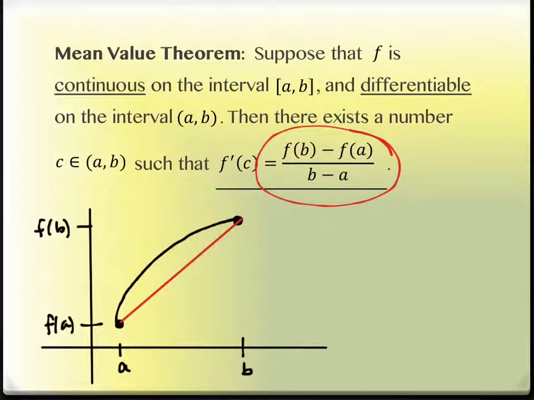Okay, so the red part that I circled is the same thing as the slope of the red line that I drew. Okay, everybody good with that? What this theorem is saying is that there is some c value somewhere in between a and b, mine looks like it's about right here, where the slope matches.